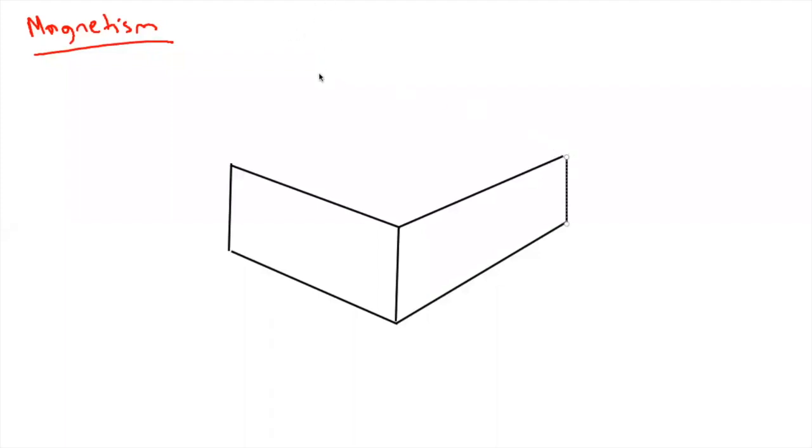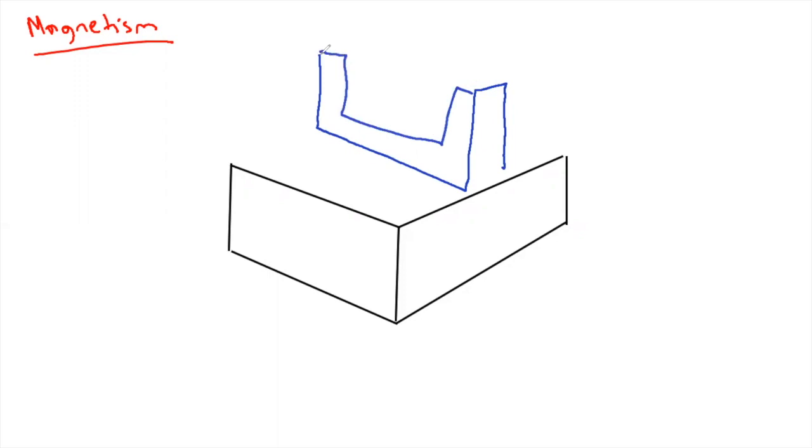Okay, so now I'm going to use the pen to make the magnet. Okay, so here we have the magnet. This is called a horseshoe magnet, and it's shaped like this, and the magnets are glued onto this shape. It might be a magnet on its own as well. So it's a nice 3D shape.